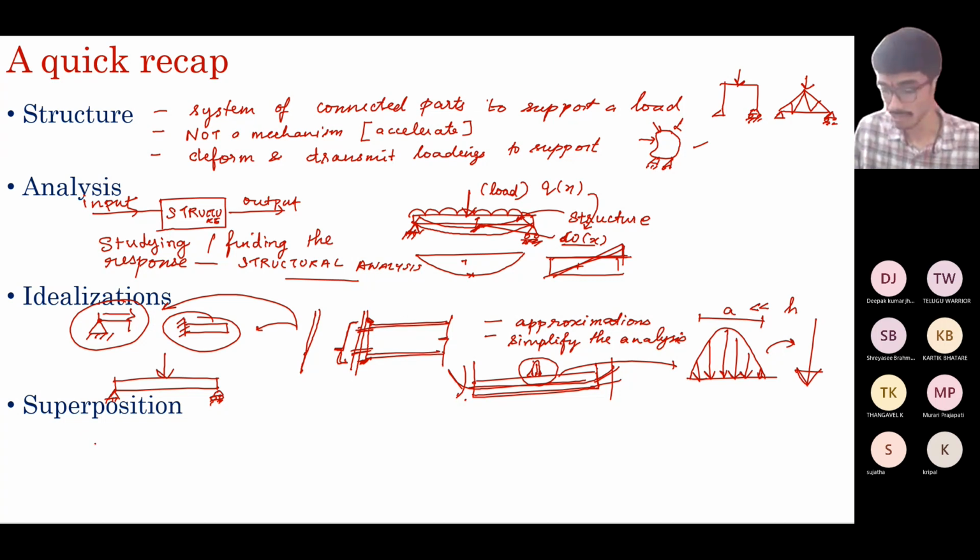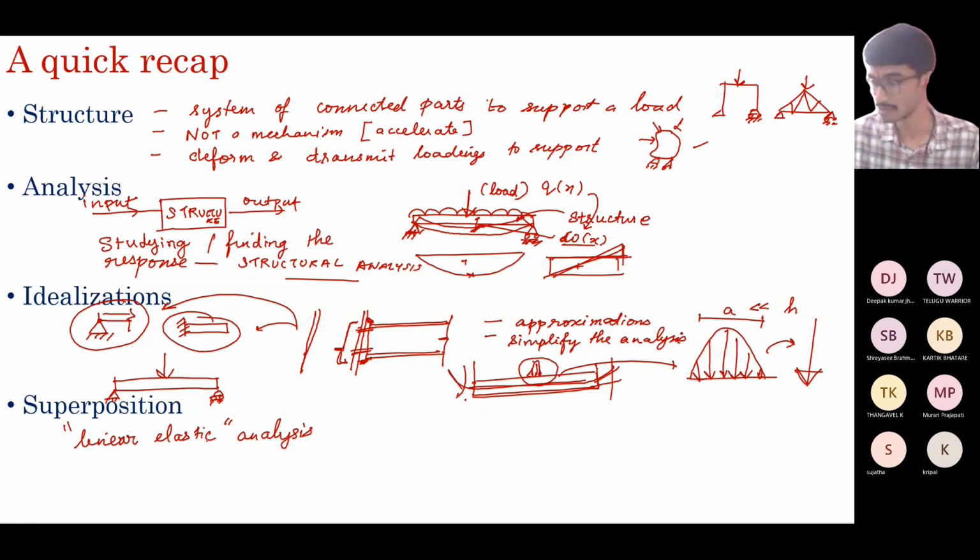And what is superposition? Again, for linear elastic analysis, this is very important. Only for linear elastic analysis, there is something called the principle of superposition. We'll be using all these principles while we solve problems. That is the only reason I'm going through this.